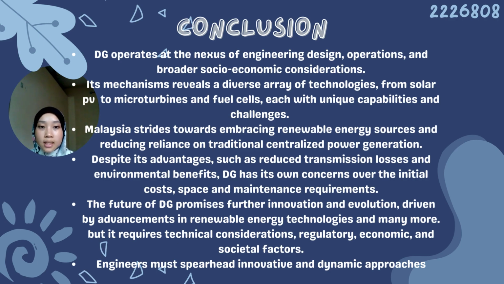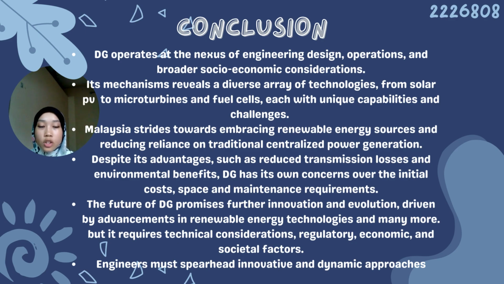Next, examining the implementation of distributed generation in Malaysia highlights the nation's strides towards embracing renewable energy sources and reducing reliance on traditional centralized power generation. Yet, challenges including grid integration issues and financial incentives still persist. Despite its advantages such as reduced transmission losses and environmental benefits, DG has its own concerns over the initial cost, space, and maintenance requirements.